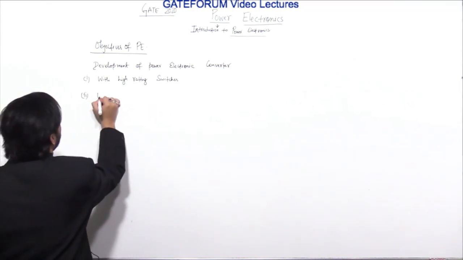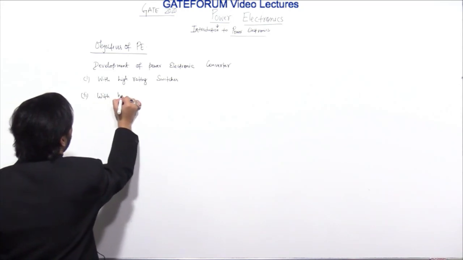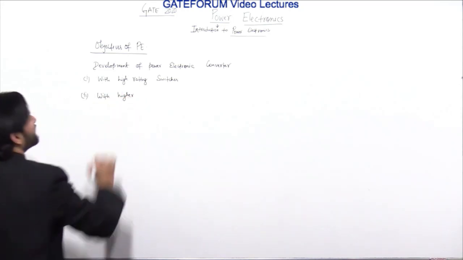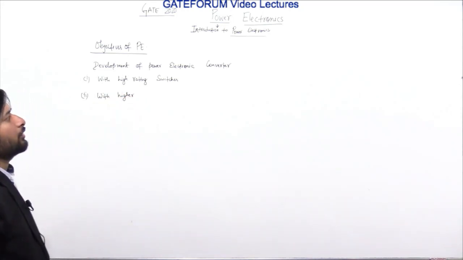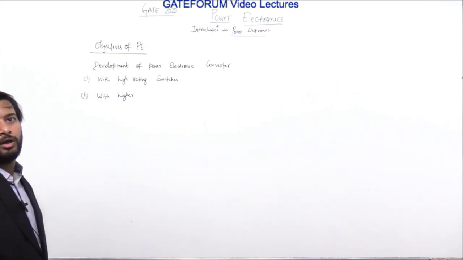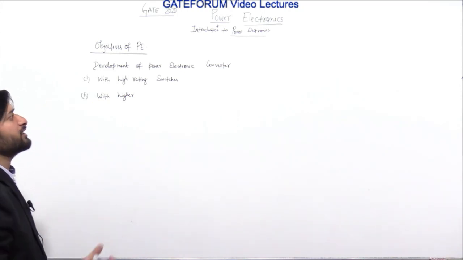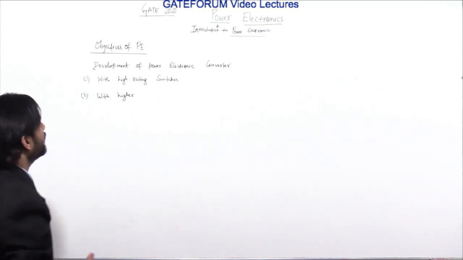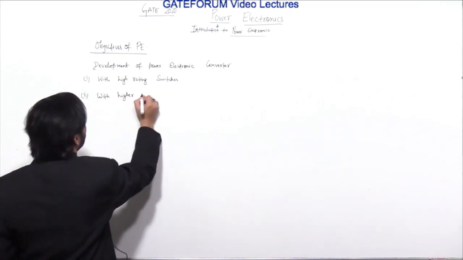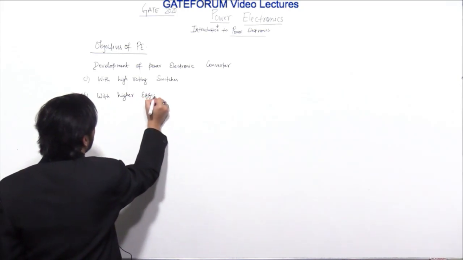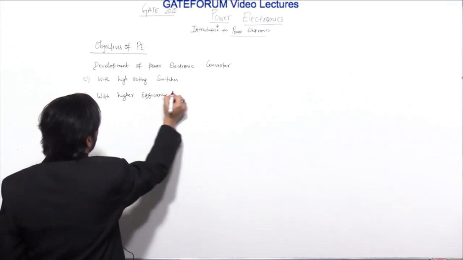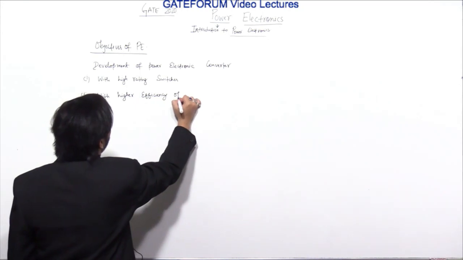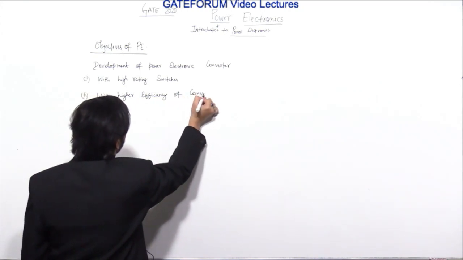Development of power electronic converter with higher efficiency of conversion, because a converter has a converting tendency. It will convert AC to DC or DC to DC or DC to AC, so it must be converting with a higher efficiency.